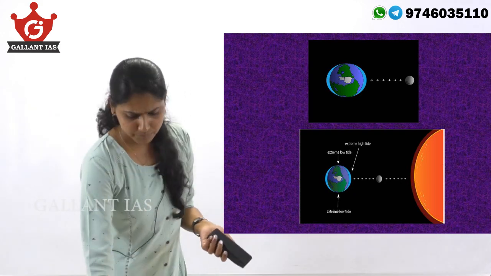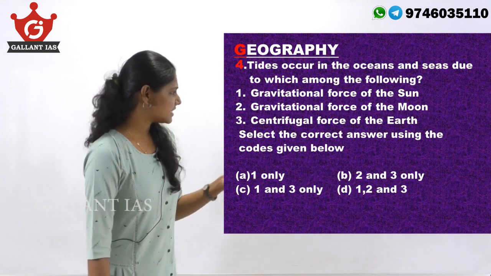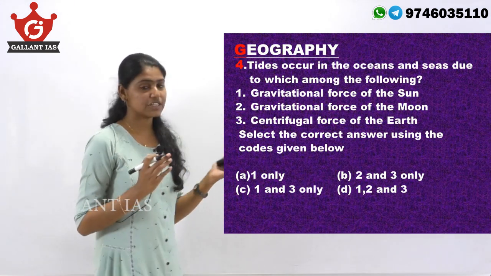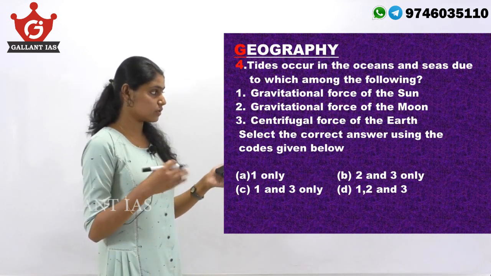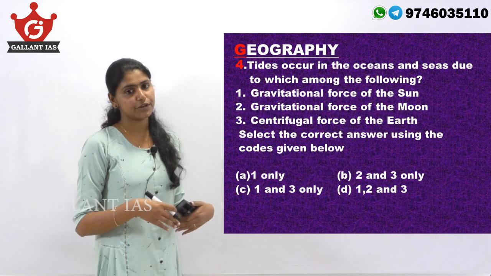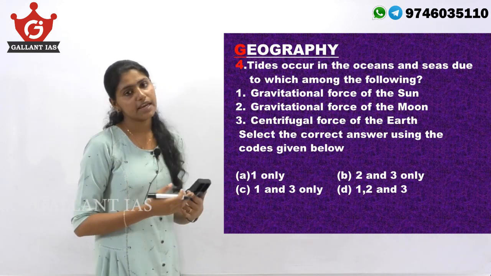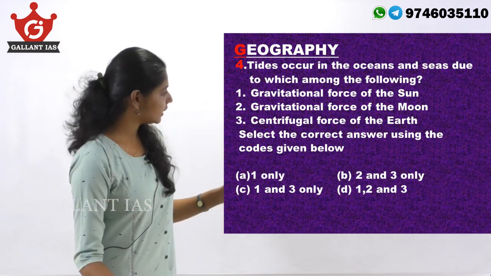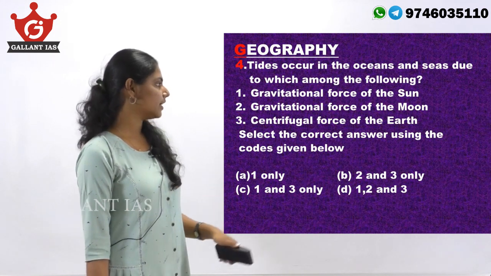This question asks about the basic factors causing tides. So the gravitational force of the sun in minimal amount, the gravitational force of the moon, and the centrifugal force of the earth cause the tides to occur in oceans and seas. So our answer is option D, 1, 2 and 3.